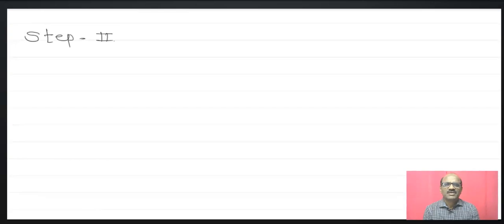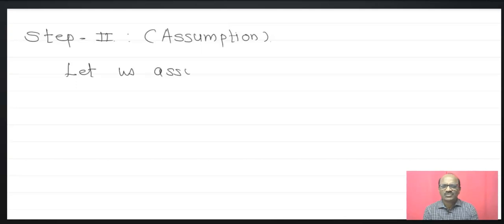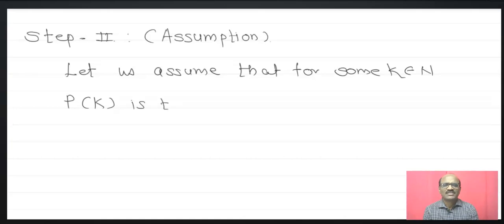Now the step number 2, second step देखेंगे अभी. इसमें assumption होता है. That is, we put here n is equals to k. हम n की जगह पे k सब्स्टिट्यूट करते और assume करते. This is true for n is equals to k, for some k belongs to the set of natural numbers.